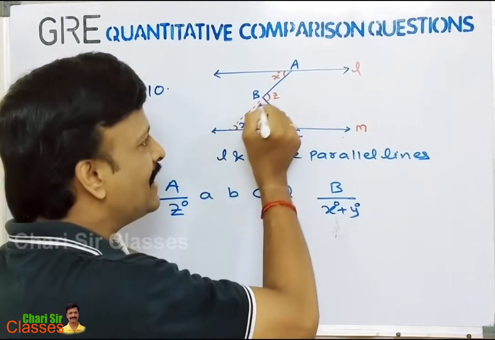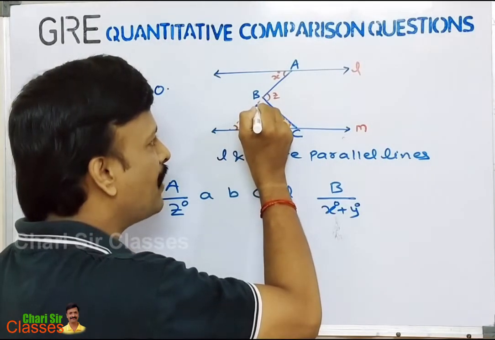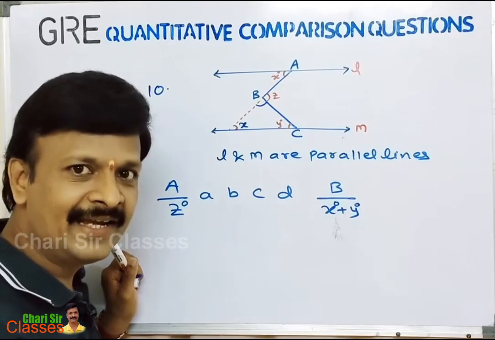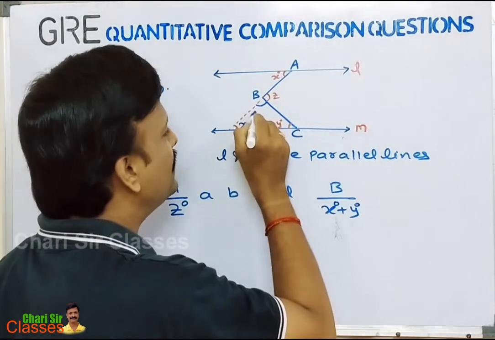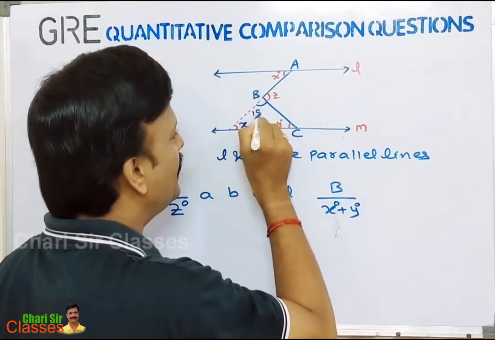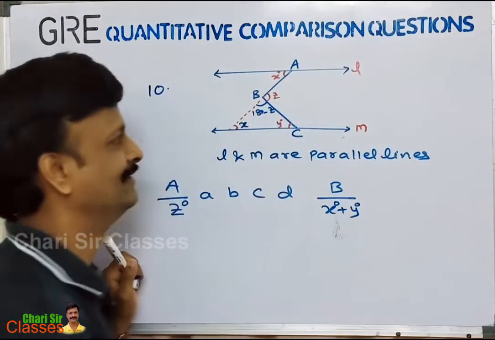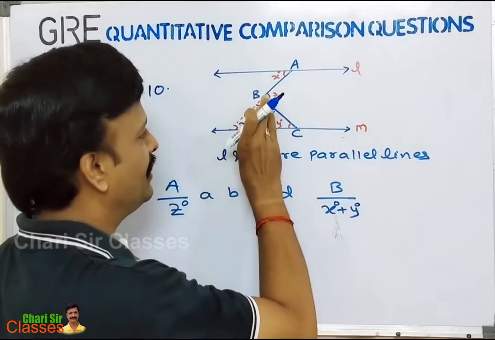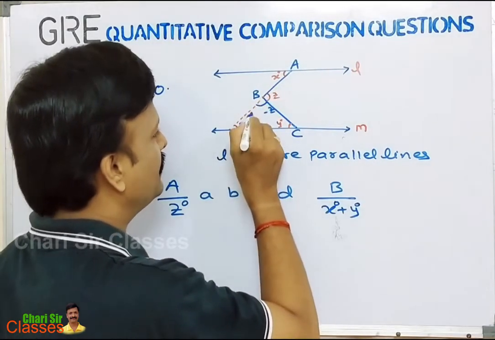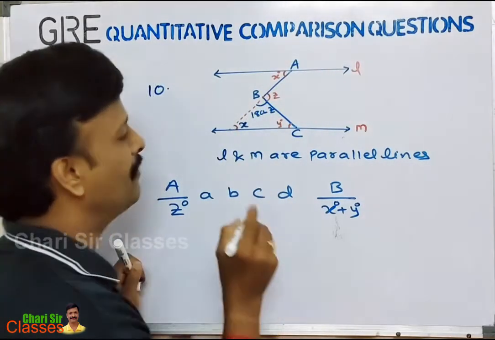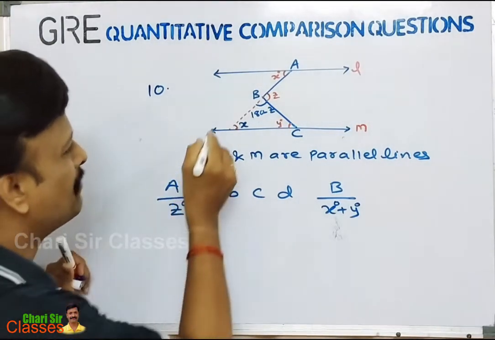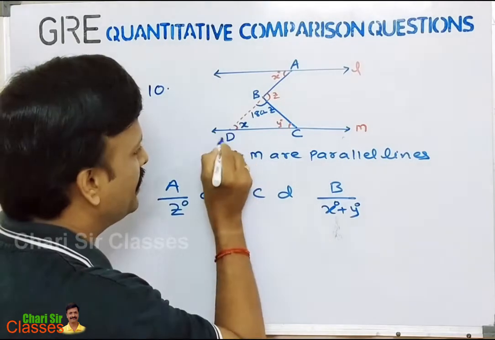Now Z is the angle. What is this part of angle? Sum of the angles on a line is 180 degrees. This is Z. This becomes 180 minus Z. I will write it a little bigger. This is 180 minus Z. Now you can see here some point, we can put it as some point D.